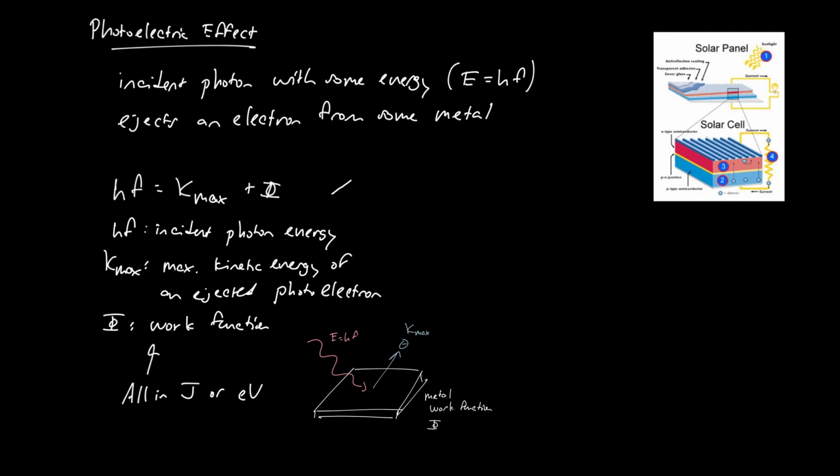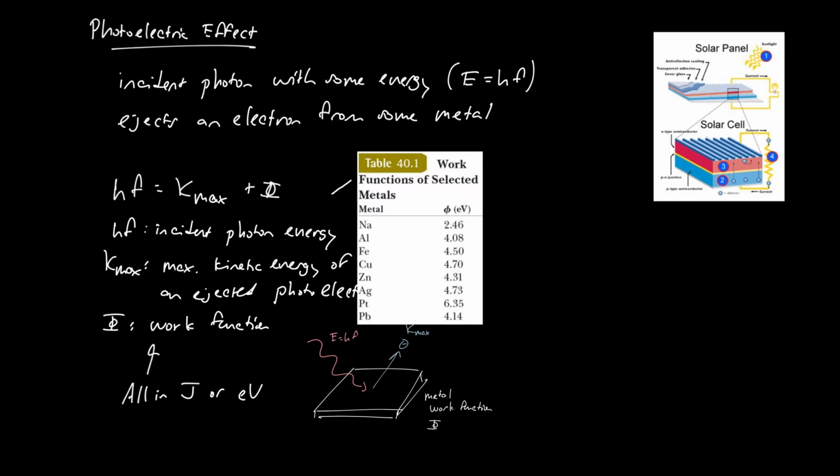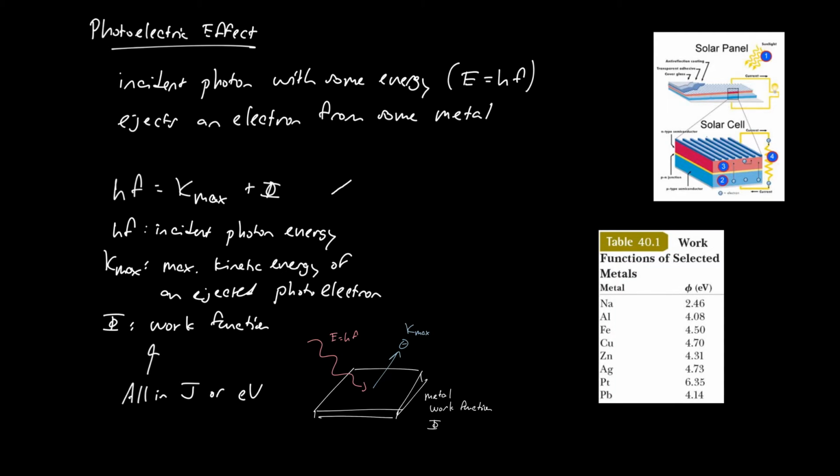So let's move that over there, and let's import this photo. Okay, so this is just an example again, some work functions of selected metals. We see that phi is given in electron volts.